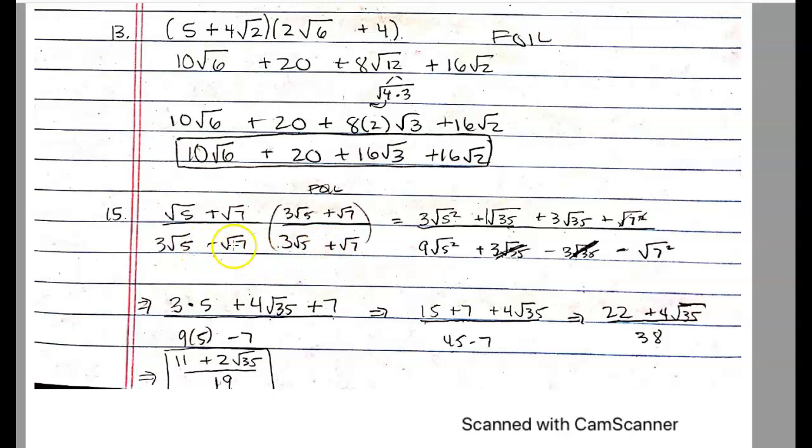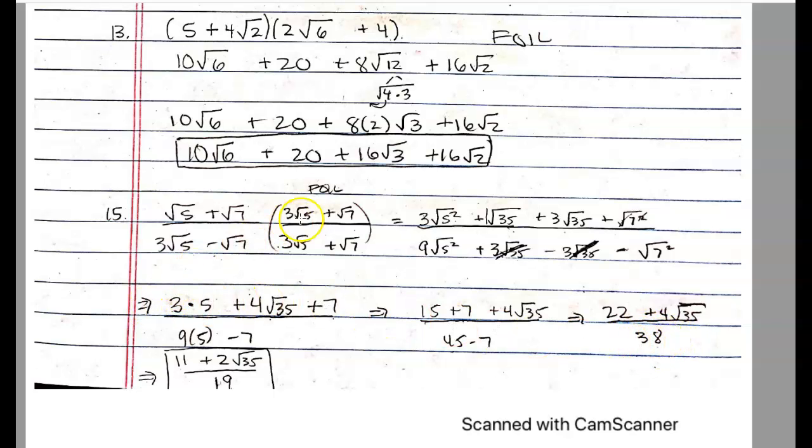When you FOIL this, what happens is outer and inner cancel, and then the radical will go away because you've got a perfect square here, which will be 9 times 5 on this next line of work. And then the radical here will go away because you have 7 squared square rooted, which becomes just 7. And then those like terms combine and you have a 38.